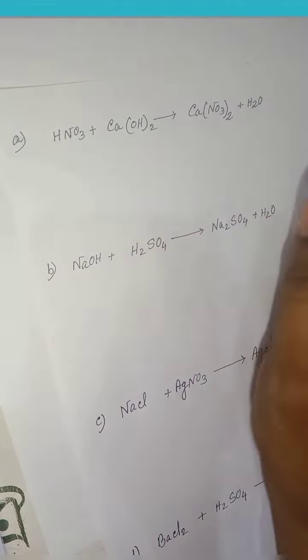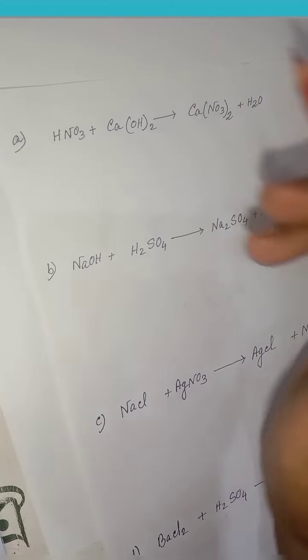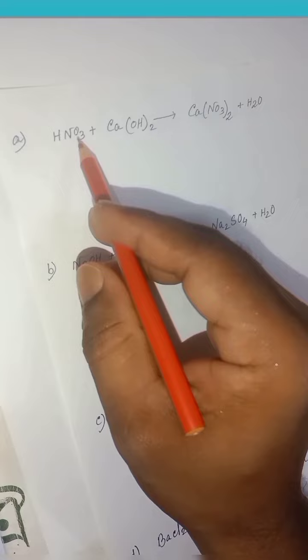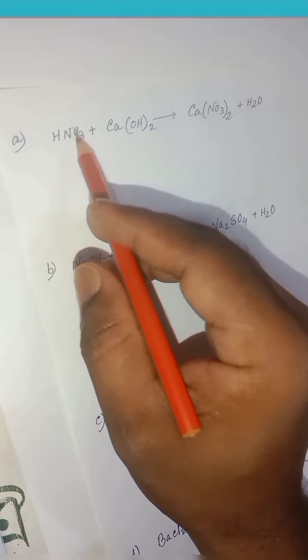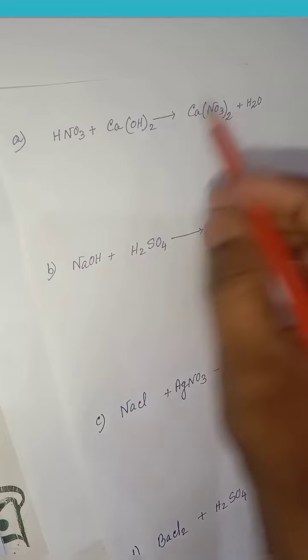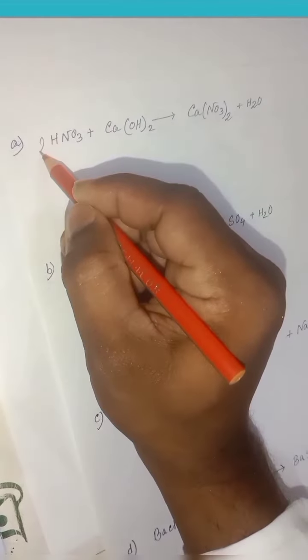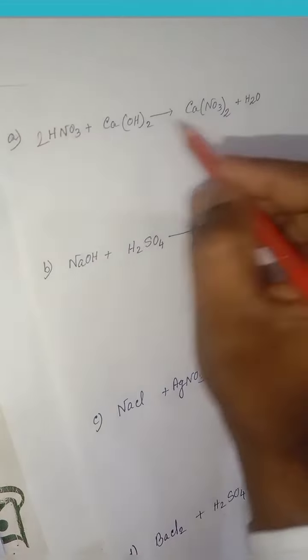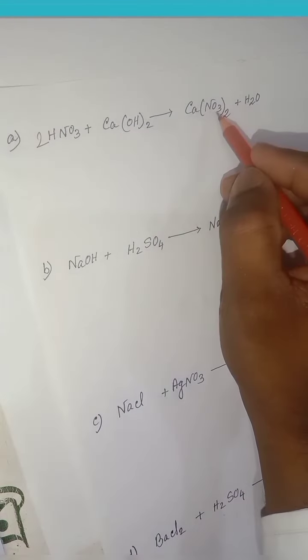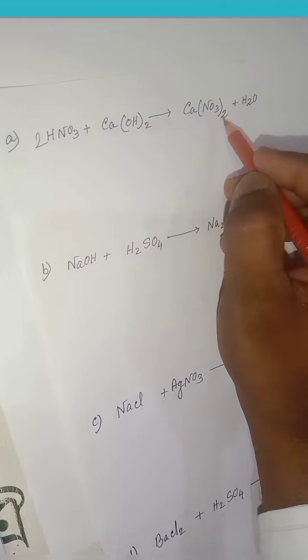Right-hand side and left-hand side, balance the elements. At first, the number of nitrogen on the left-hand side is 1, and on the right-hand side is 2. So multiply by 2: nitrogen is 2 on the left and 2 on the right.